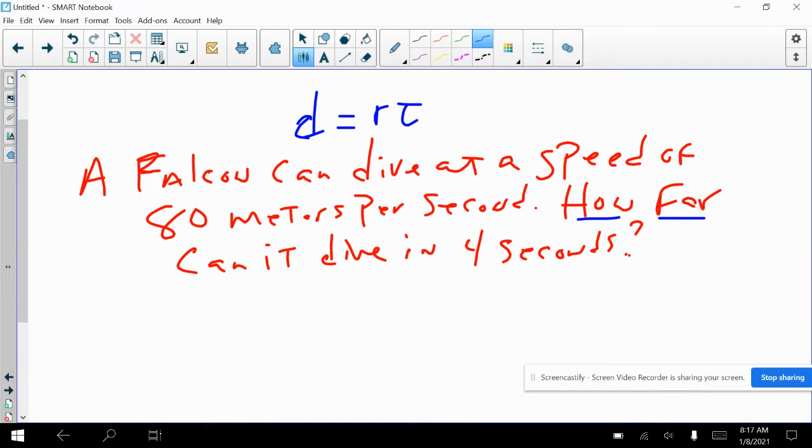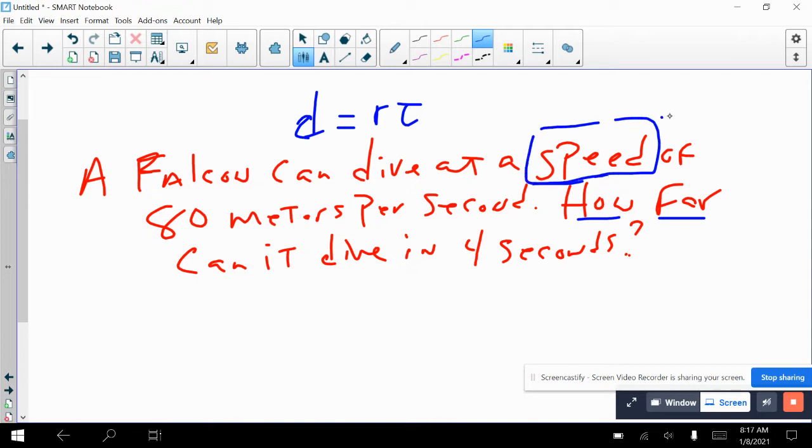So you need to find the rate and the time that it takes this falcon to do whatever it needs to do. If you haven't noticed yet, there is no word rate up there, is there? That's why I want to box this in right here. Speed is another word for rate. Anytime you see the word speed, they're telling you the rate.